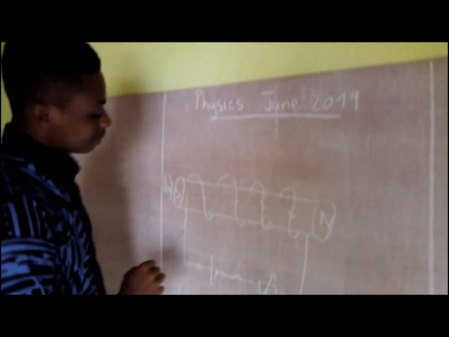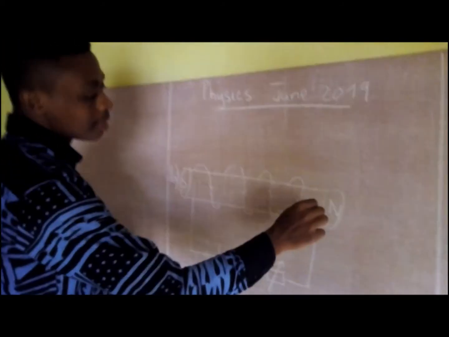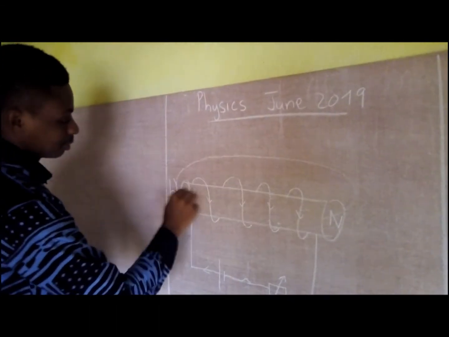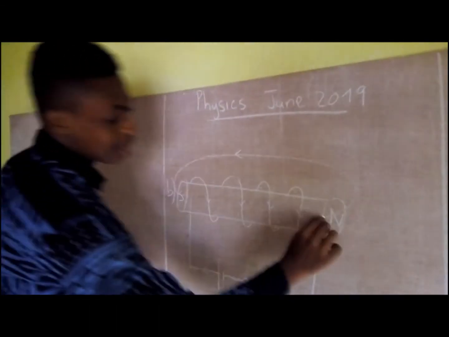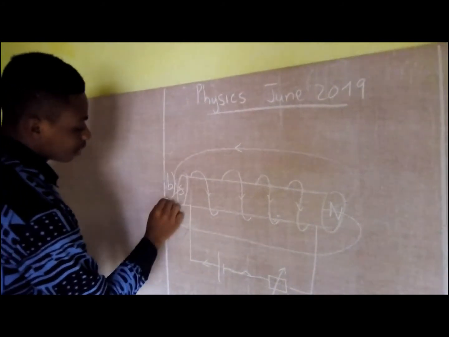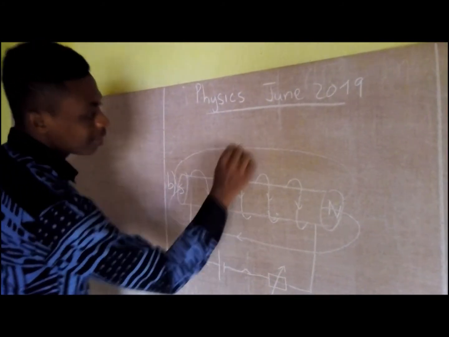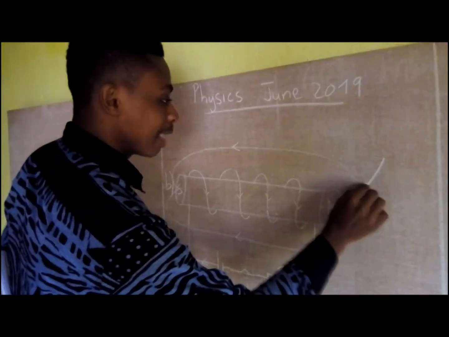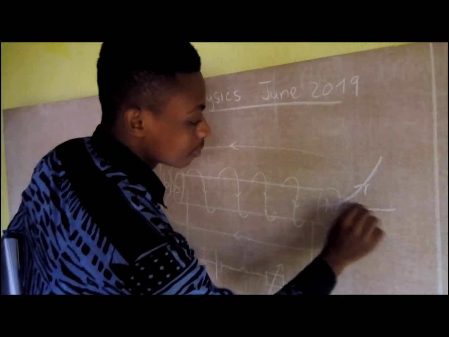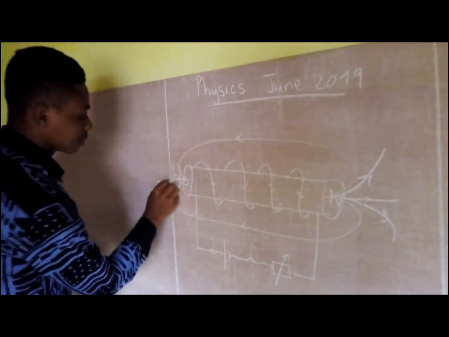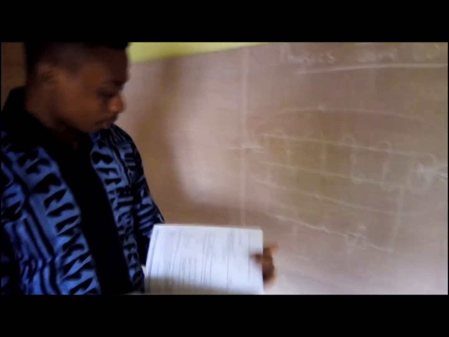We know that the magnetic field lines go from the north to the south. That's what we call the polarity. You can draw as many field lines as you like, but that will be a waste of time. So that is it. That was question 1.